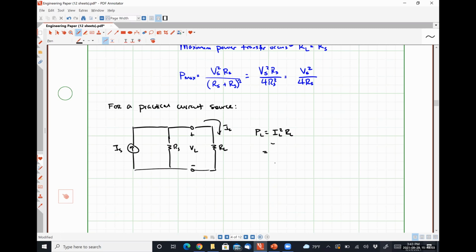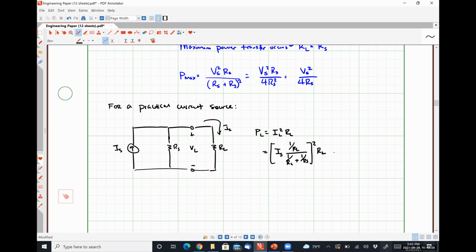So that's going to look like IS multiplied by 1 over RL divided by 1 over RL plus 1 over RS, squared, times RL. We would figure out the maximum power by maximizing that thing.